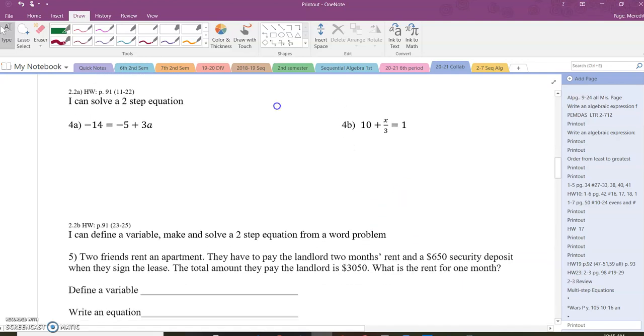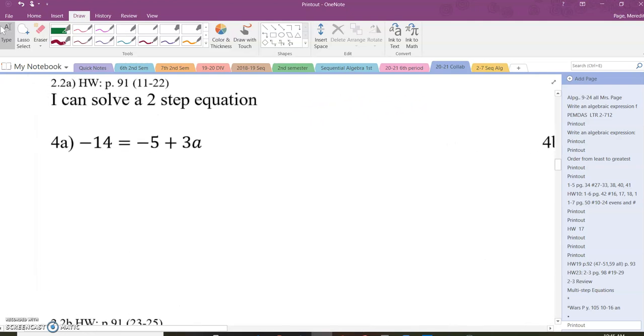Okay, let's take a look at 4a. You have negative 14 equals negative 5 plus 3a. My goal is to get a by itself. This is a two-step. So the first thing I want to do is move that number over and combine with negative 14. That's a negative 5, so I'm going to add 5. Negative 14 plus 5 is negative 9.